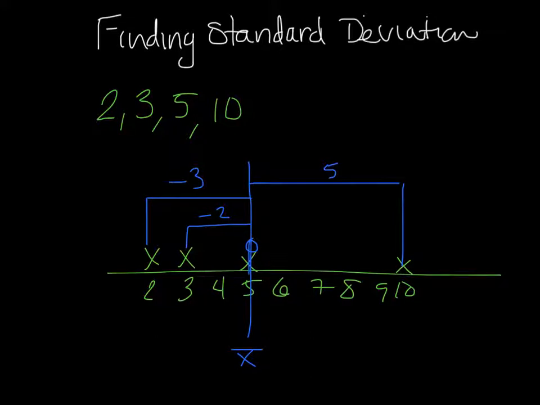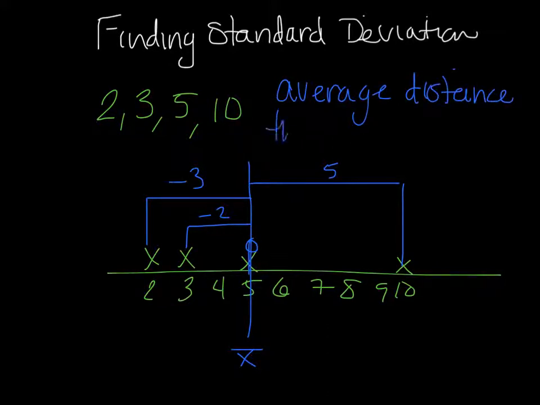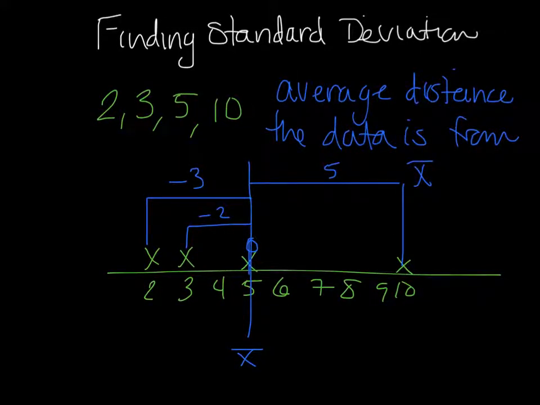And what standard deviation does is it gives the average distance the data is from the average. So what's the average distance all of these points are from the average?